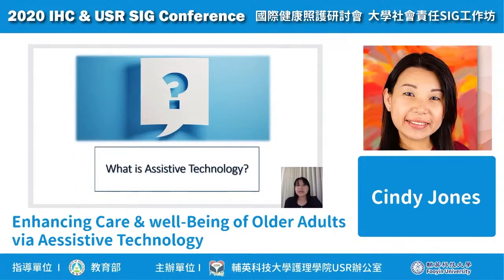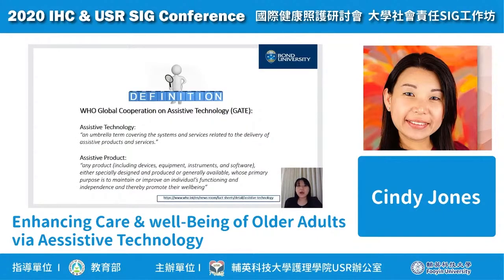So what is assistive technology? According to the World Health Organization, WHO, Global Cooperation on Assistive Technology, assistive technology is basically an overarching umbrella term that covers any systems or services related to the delivery of assistive products and services.